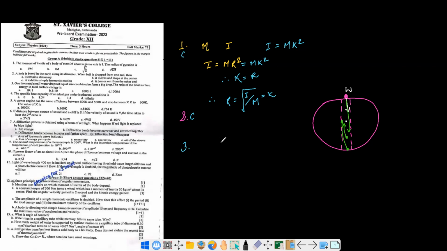Surface energy is sigma, which is the work done per unit change in area. So this W, the work done, can easily be calculated as sigma times A equals W. This is the work done.